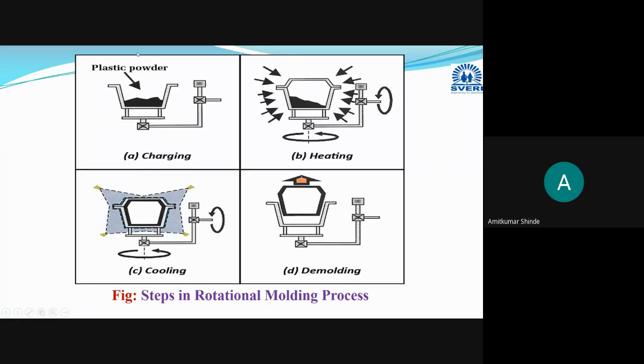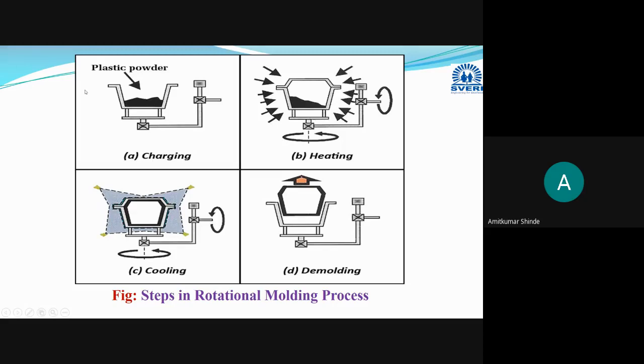Then this mold cavity is closed. Depending on the final shape we require for that product, depending on that only we have to choose the design of this mold cavity. Okay, whichever final shape you want, that shape you have to give to this mold cavity.